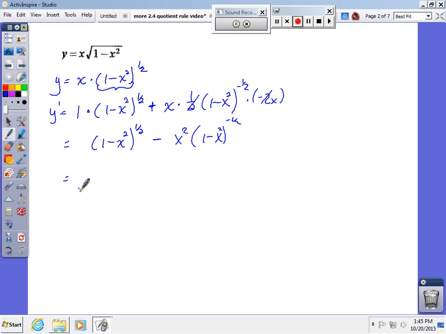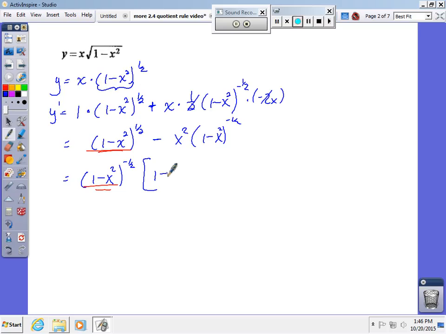Alright, so the greatest common factor is 1 minus x squared to the negative 1/2. Take the lower fractional exponent. So now when I divide this by this, I'm going to subtract the exponents. So it'll be 1/2 minus a negative 1/2, which would be to the first.